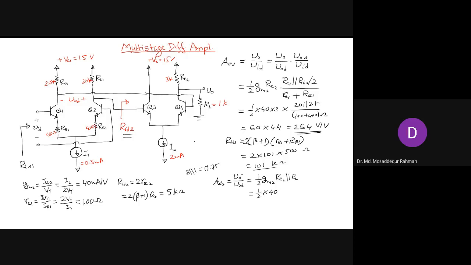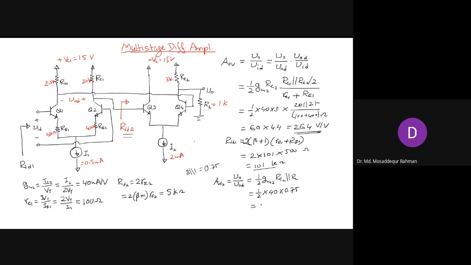So before it was 3, now it has come down below 1. There is 0.75. So if you do the math now, you get 15.